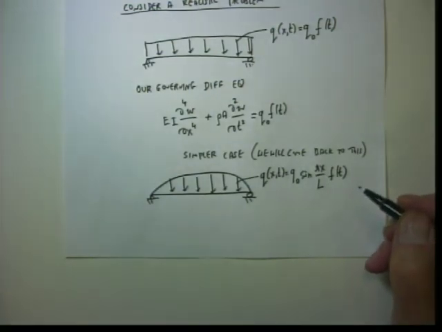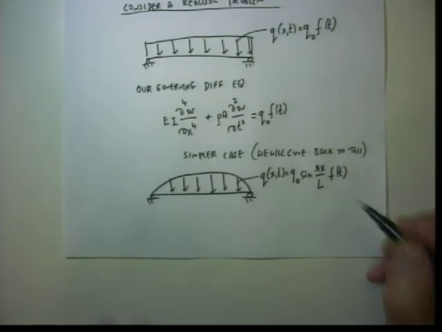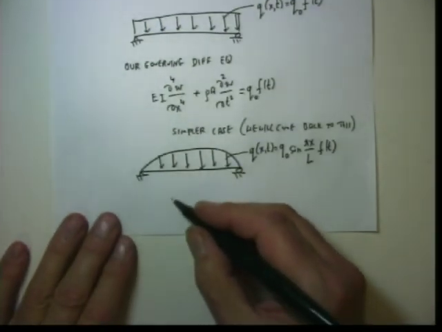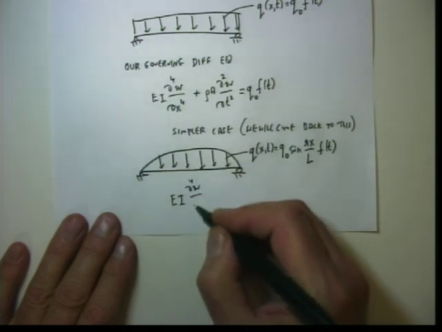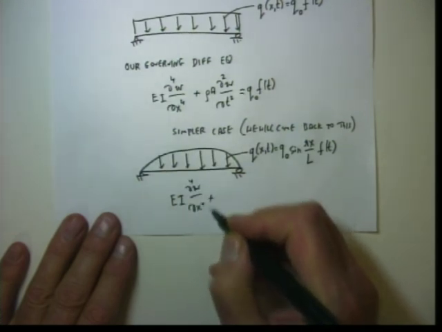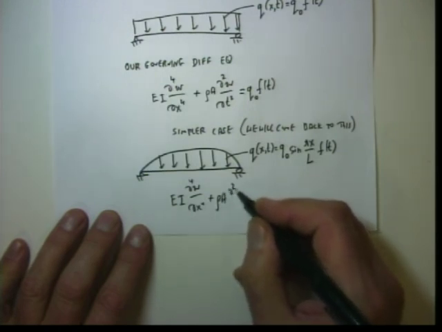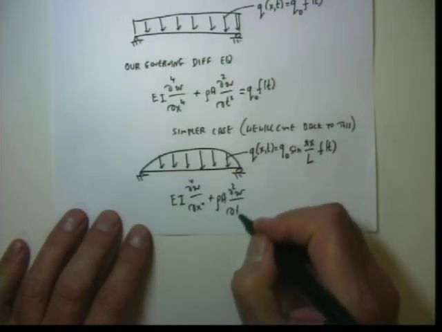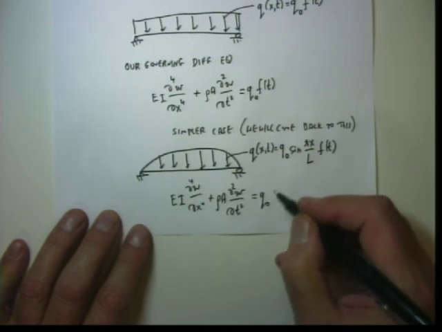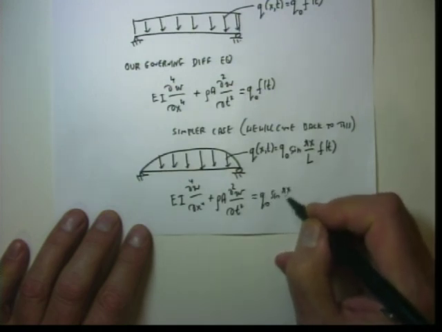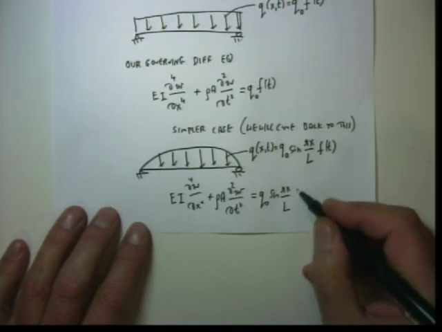So that is what happens. So in this case, my governing differential equation will be d4w dx fourth power plus rho a d2w dt square, and this equals q0 sine pi x over L f of t.